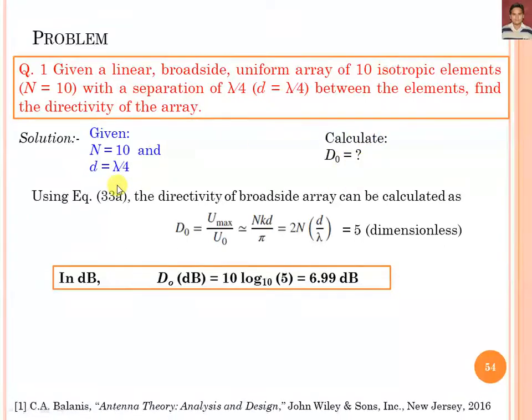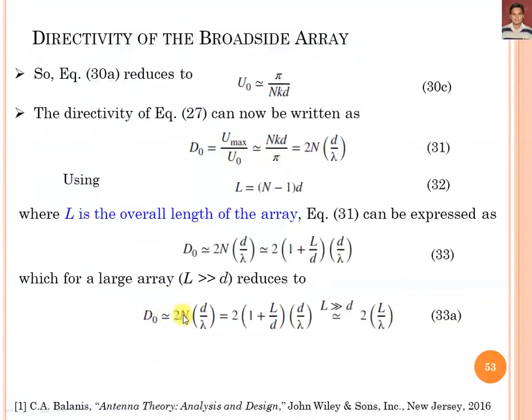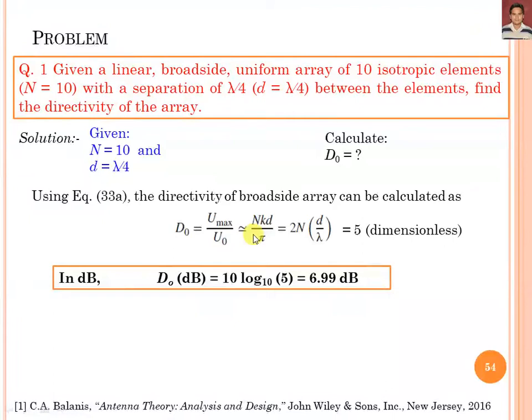Using the expression D naught equal to twice n d by lambda and putting the values of n and d equal to lambda by 4, we get the directivity D naught equal to 5, which is a dimensionless quantity.